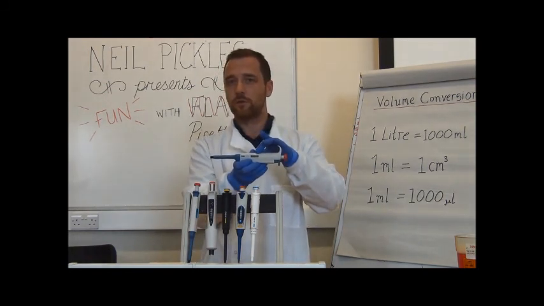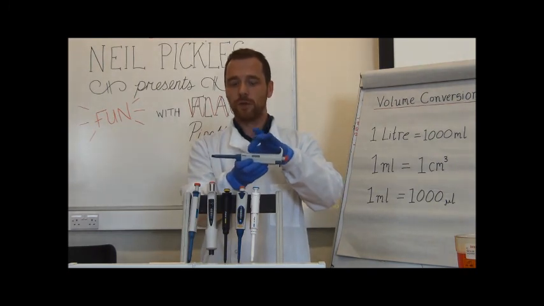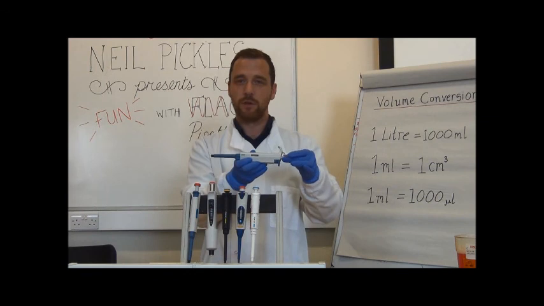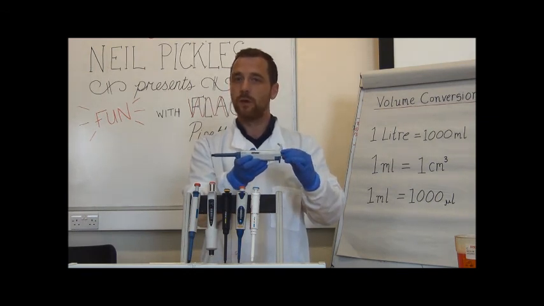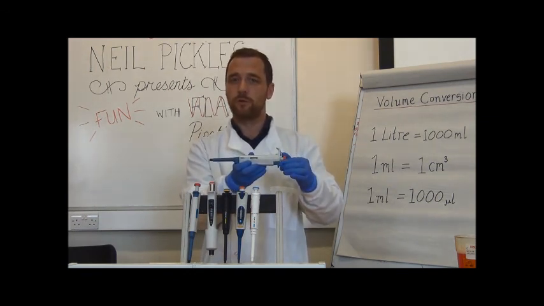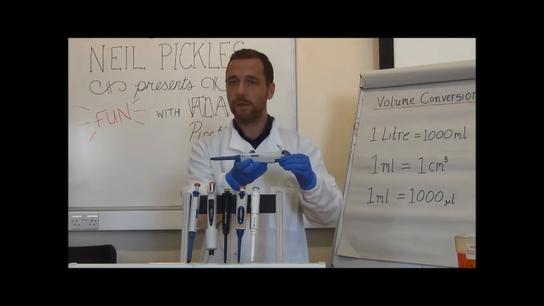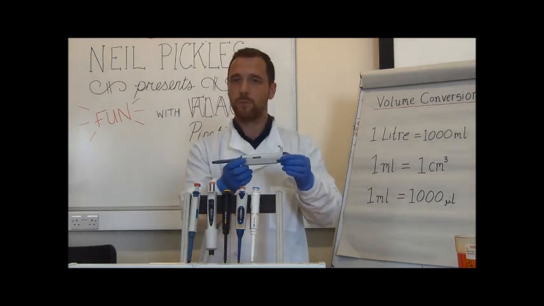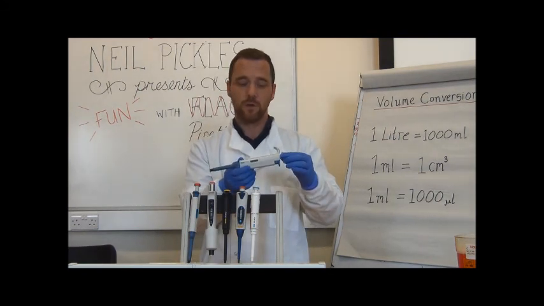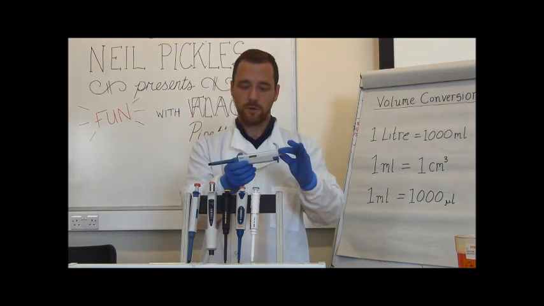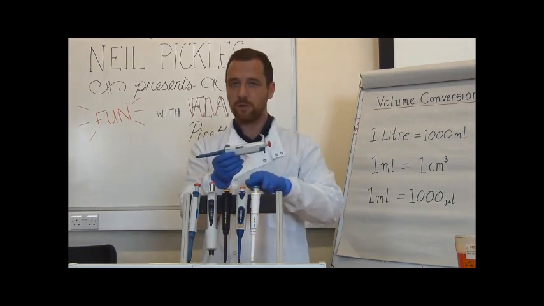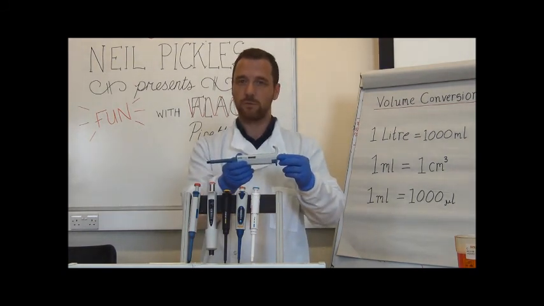It's set to 500 at the moment. One important thing: even if the dial goes below 200 or above 1000 when you turn it, you shouldn't set it beyond the limits specified on the pipette. That's why they have that volume specified. We adjust the volume by turning this dial. Some of the other pipettes have a slightly different dial, but it's the same principle.